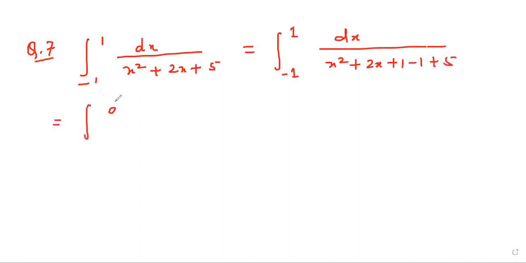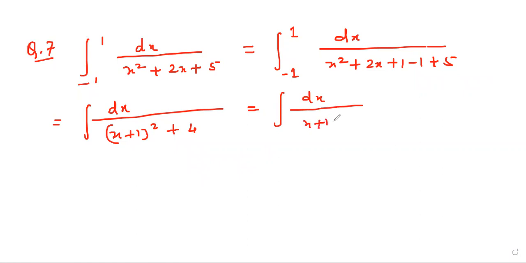So that is equal to integration dx divided by x plus 1 whole square plus 4, integration dx divided by x plus 1 whole square plus 2 square. Here limits are minus 1 to 1. Let x plus 1 equal to t, dx equal to dt.